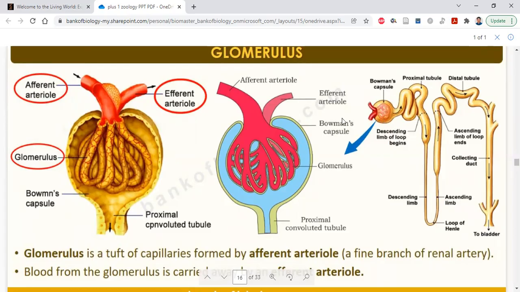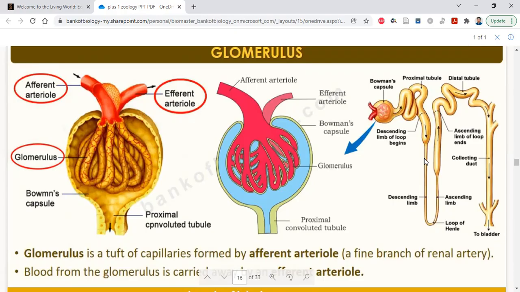So as you are seeing, this is the glomerulus part of a nephron, and this part is enlarged here. This is the proximal convoluted tubule, PCT, and this is the distal convoluted tubule. These are present in the cortex, and following the proximal convoluted tubule, the loop of Henle is formed. This is a hairpin-like structure.